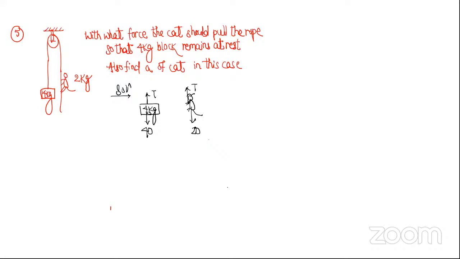Acha, the question is to find the acceleration of the cat. About the block, it is at rest. So first write the equation for this, and you see T comes out to be 40. Now you know the cat should move up, so acceleration should be net force by mass, that is 10 meter per second square.